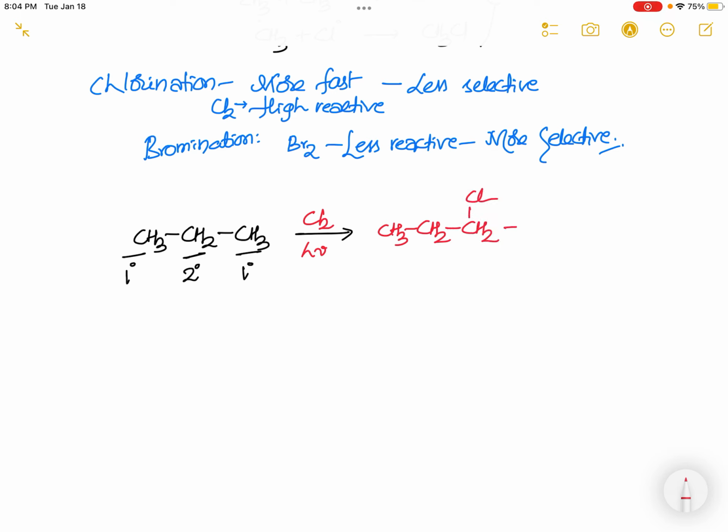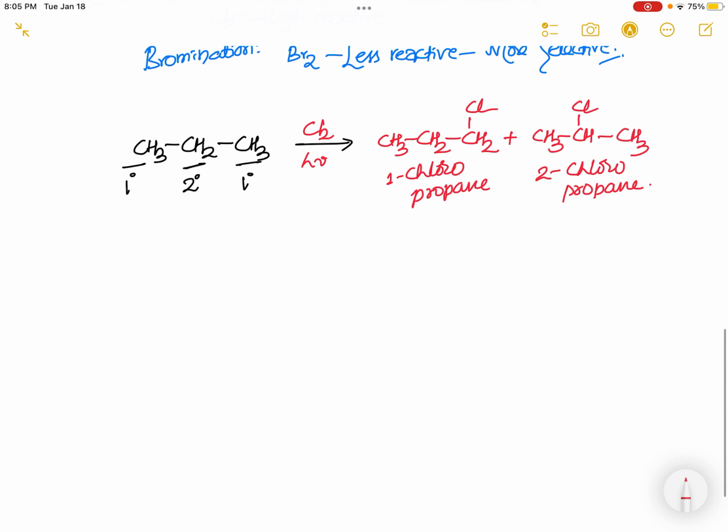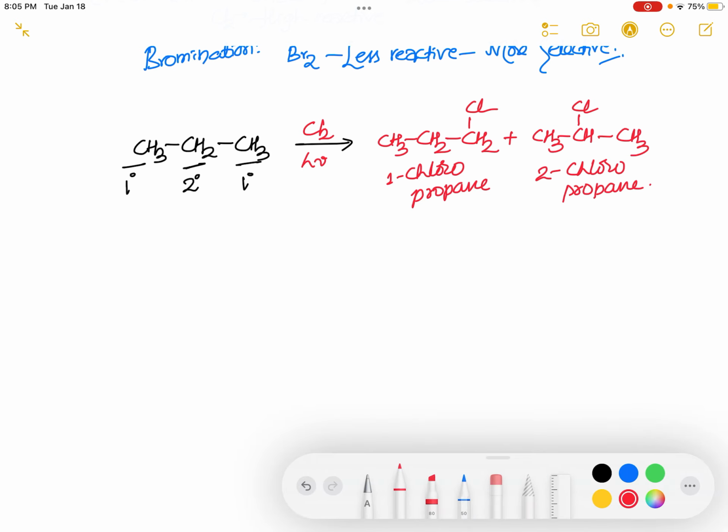Chlorine can come at this place. Chlorine can come at this place also. So this is 1-chloropropane and this is 2-chloropropane. Both are possible. What are the percentages? That also we can calculate. For IIT type of exams, you can expect that question also. We'll go with that one also.